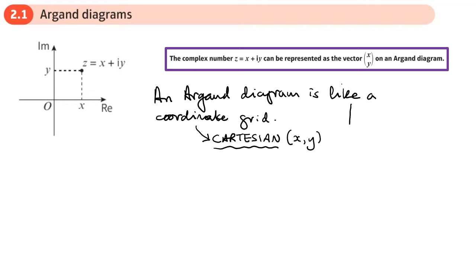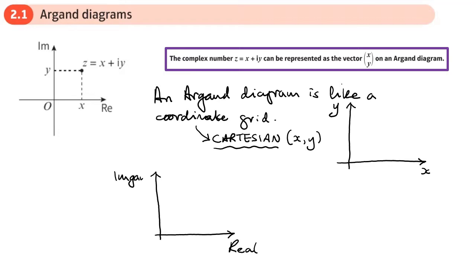So a Cartesian grid, which we've been using all our times, is x and y. An Argand diagram uses real here and imaginary here. That's the only difference. So this is called an Argand diagram.